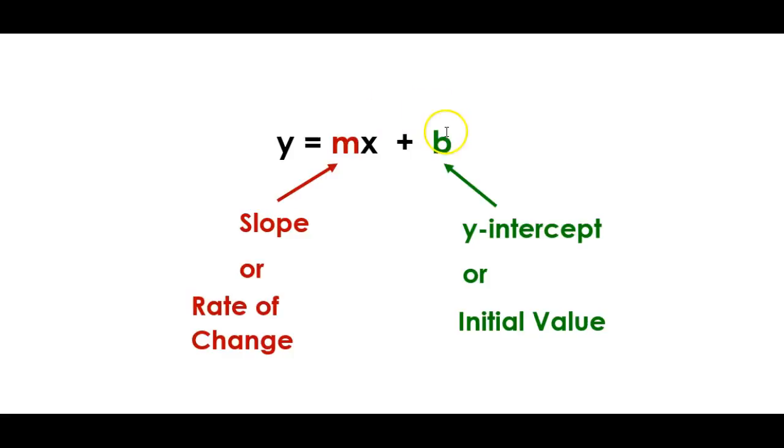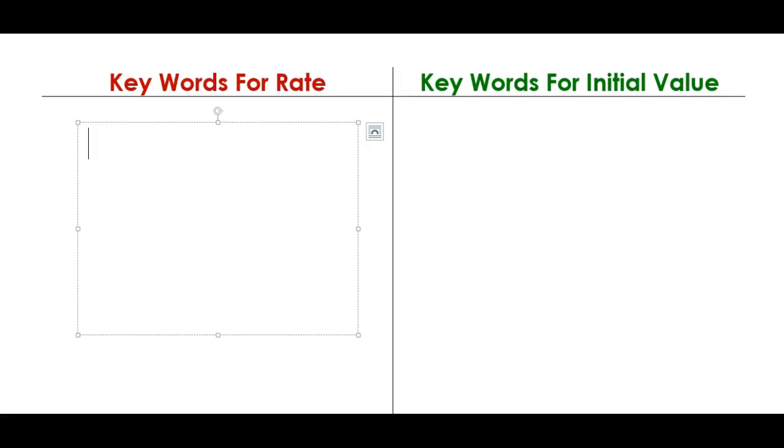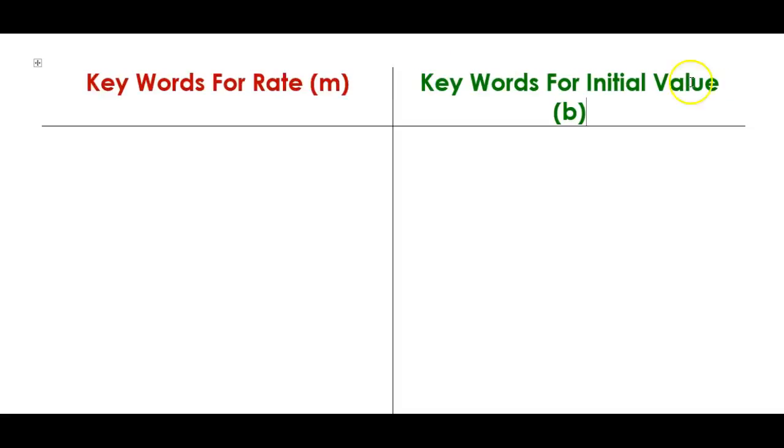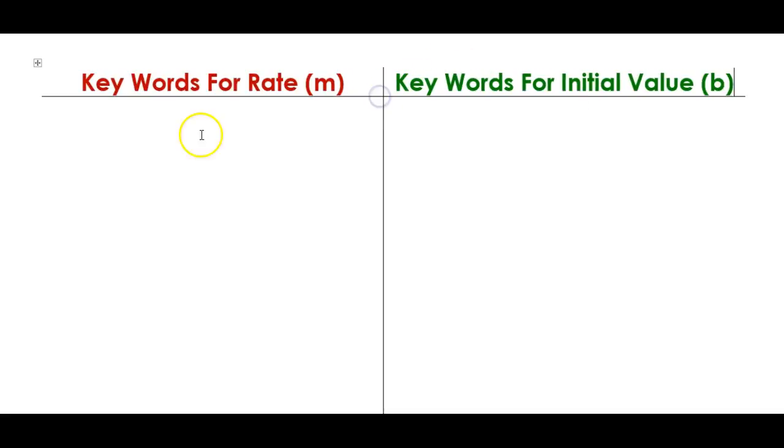so that you can eventually plug them into a linear equation in slope-intercept form. Before we begin, I want to go over some key vocabulary, some key words that will help you identify what the rate is, because remember that the rate is your slope, and the initial value is your y-intercept. So, keywords for rate.